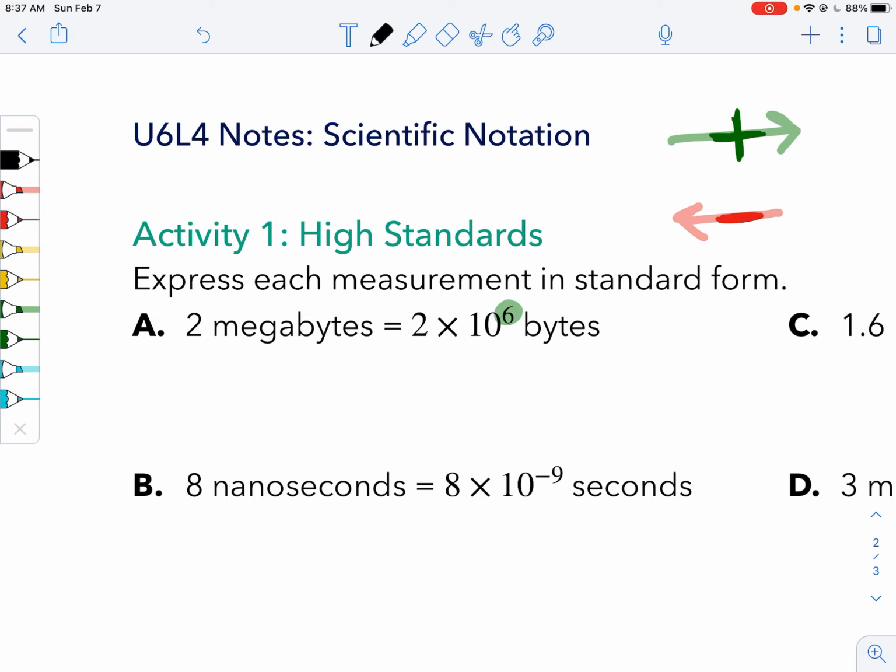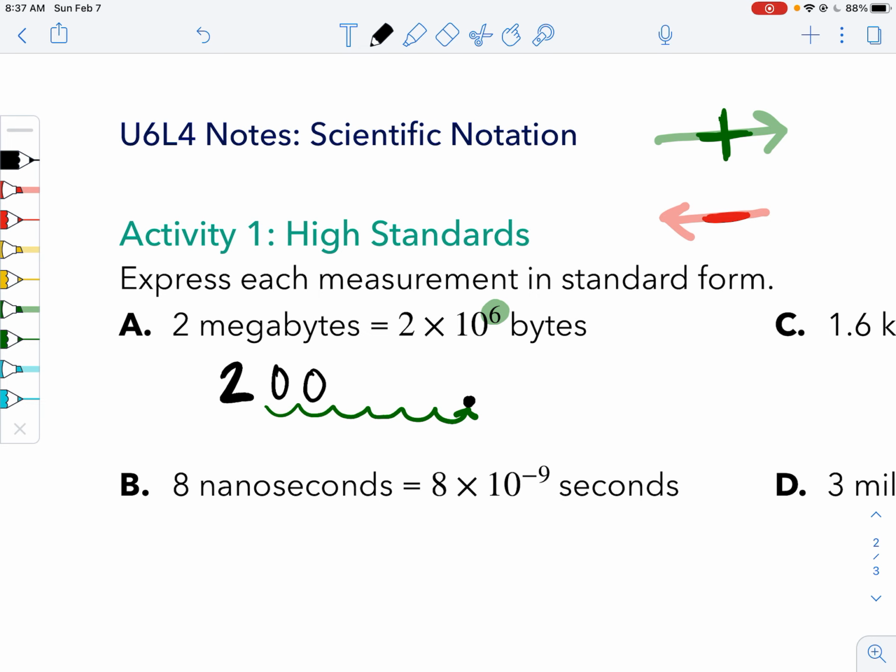So we'll start out with our 2, and our decimal point needs to move 6 places to the right. 1, 2, 3, 4, 5, 6. It's going to end up right there. So I'm going to put it right here, and then we need to fill in a bunch of zeros. 1, 2, 3, 4, 5, 6 zeros.